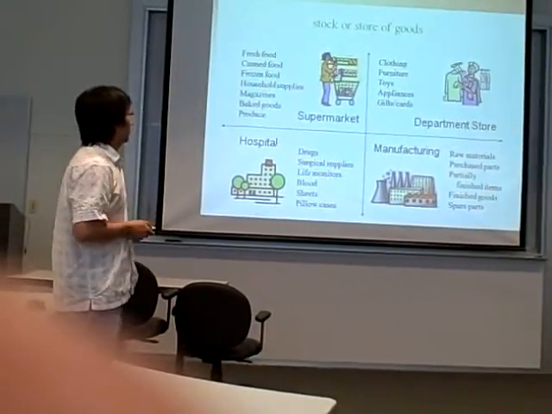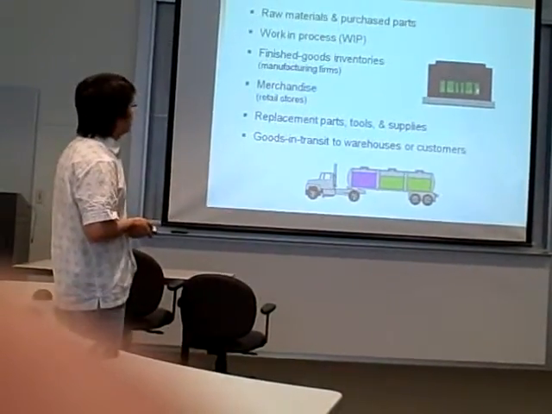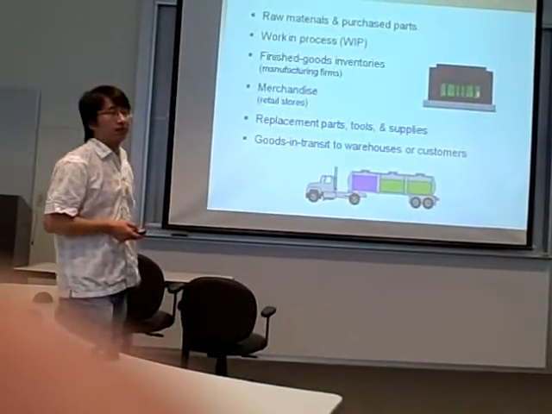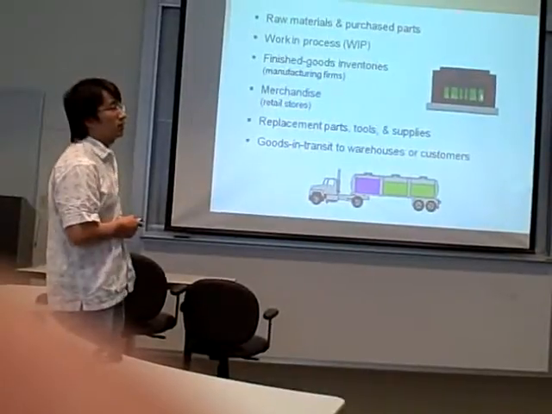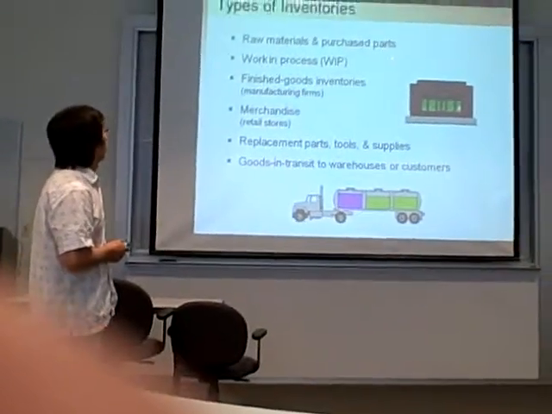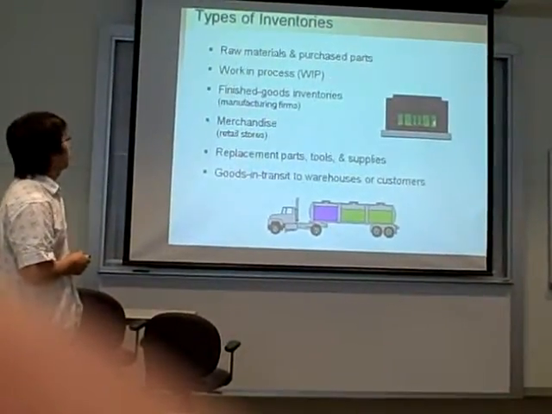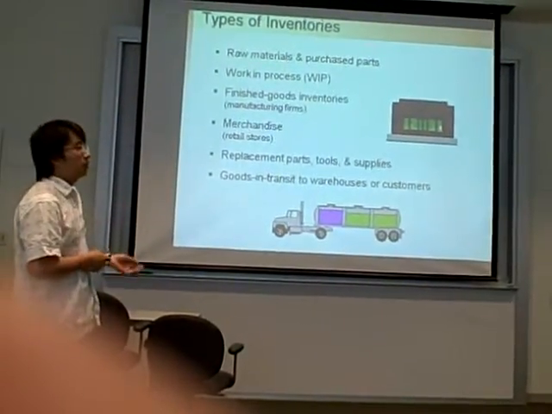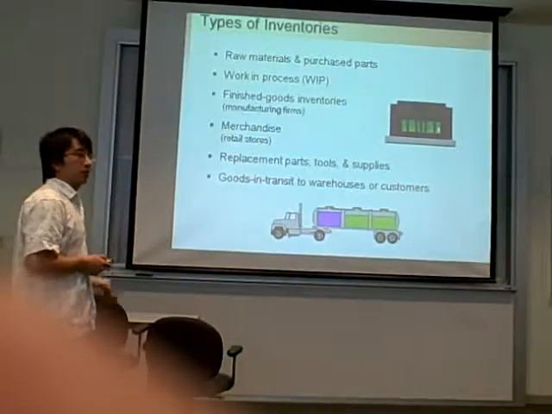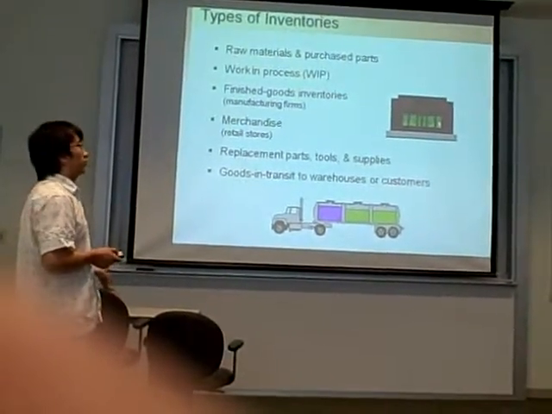They are all called inventory. There are several types of inventories. One type is raw materials and purchased parts, and the second type is work-in-process inventory. The raw material is what you buy and store for manufacturing something else.